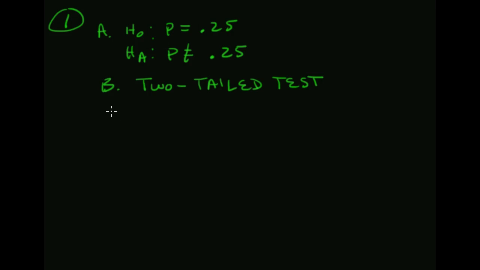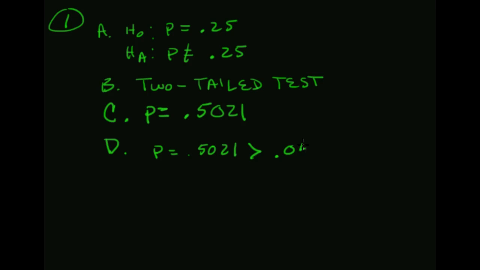Okay, so part C that we have here is that the p-value for this problem is 0.5021, which is what I got from the calculator. Note that the p here is 0.5021, and that's significantly greater than 0.05, which is the alpha that I'm testing against.